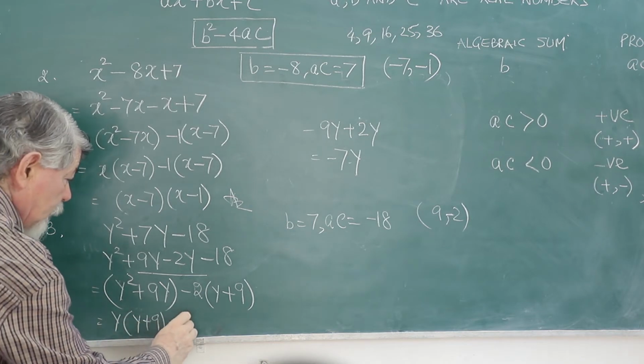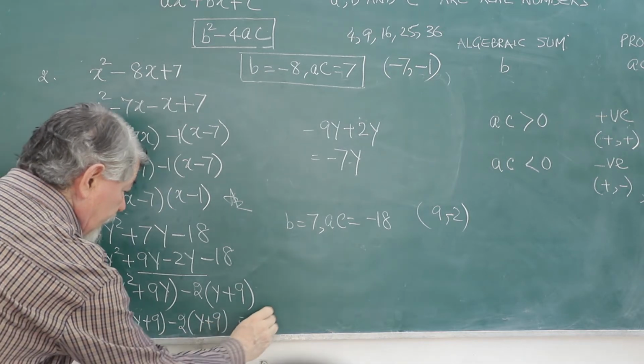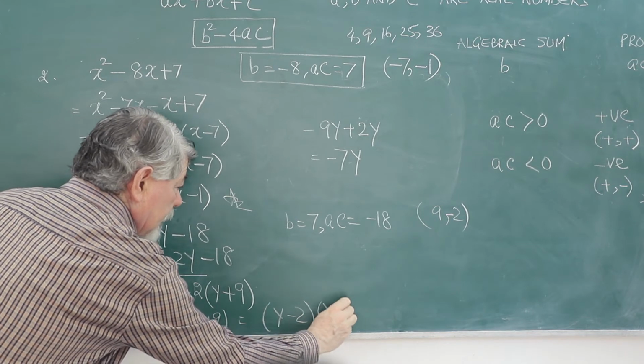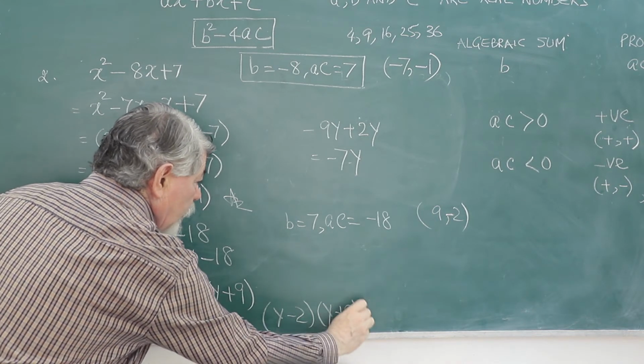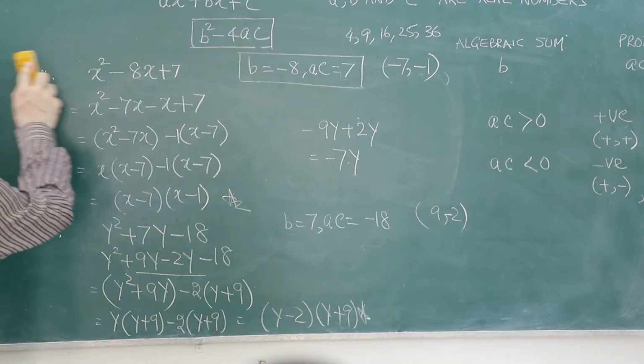Out of this, minus 2 was common, y plus 9. So it will be y minus 2 into y plus 9. These are the two factors. It is very simple. You have to only split the middle term like I have explained it to you. Now let us go to question number 4.